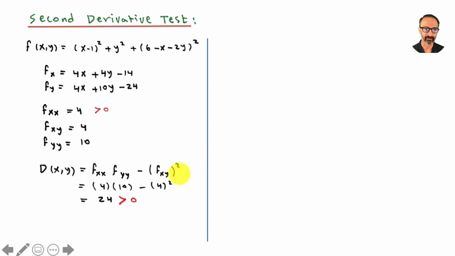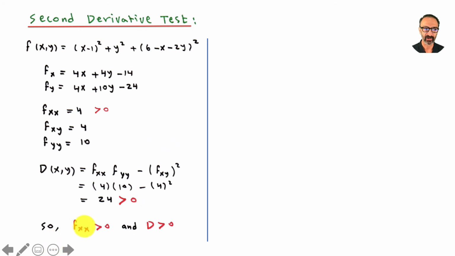So what do we have? We have f_xx is positive, and we have D is positive. I'm trying to write less, but you don't even need to plug in the points, as you can see.